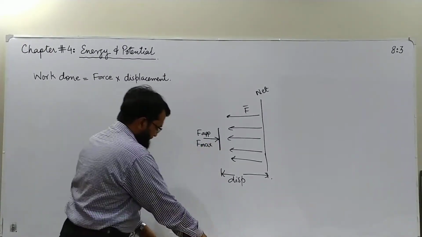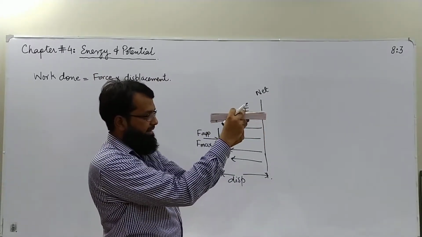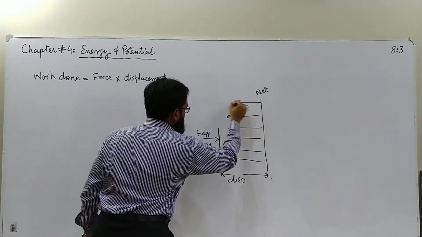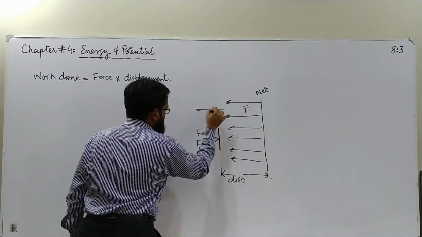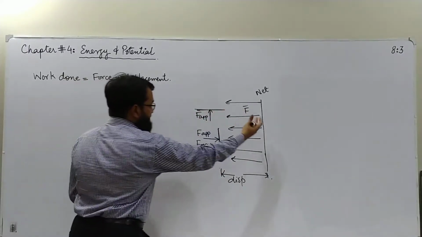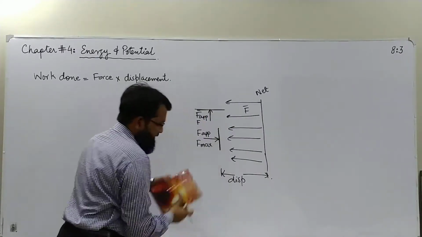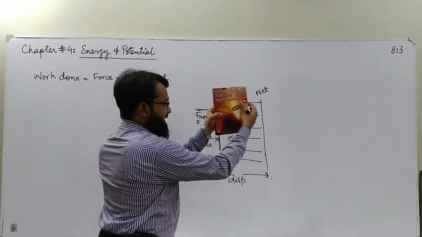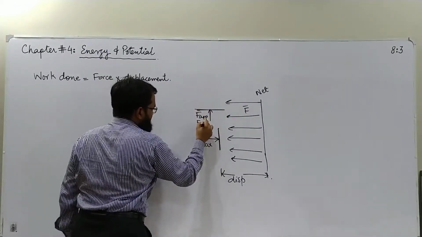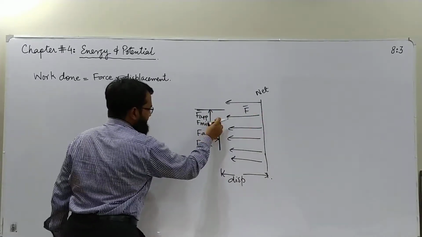But somehow if I change the orientation of the book and now apply the force in this direction, this is the force applied. So the force which I'll have to overcome to move this book from here to here, considering that the thickness of the book is almost zero, will be a minimum here.